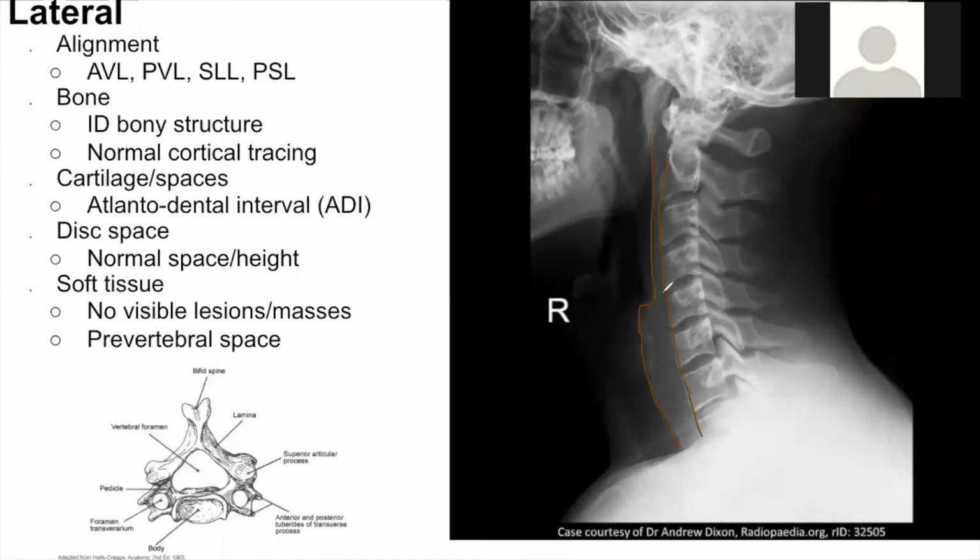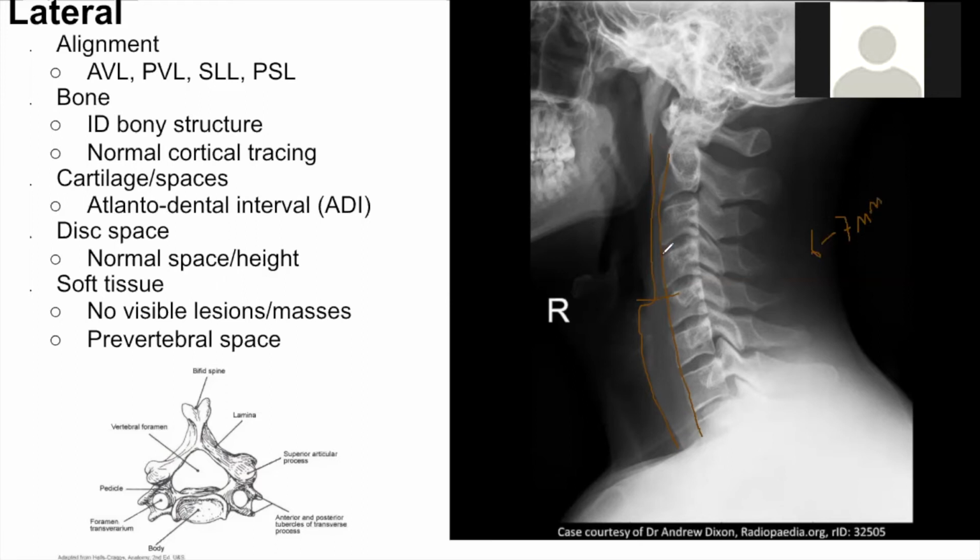So this space here is what's really, really important. So let's find C4. So this is 7, 6, 5, 4. Around C4 is where you have the change in space here. So anything above C4 should be around 6 to 7 millimeters.